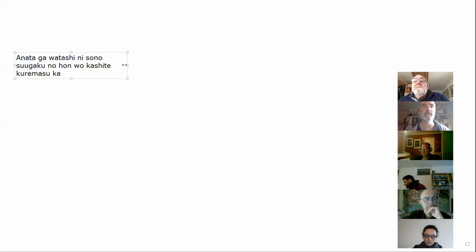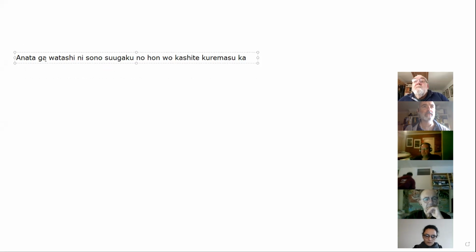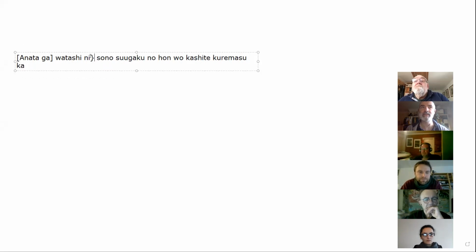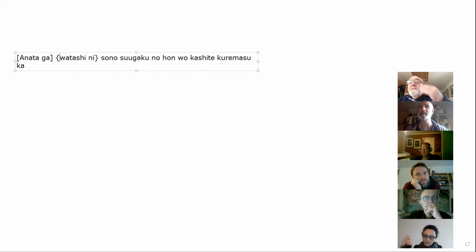And from this sentence, of course, we don't need anata ga, so that wouldn't be there. And even watashi ni is not necessary if it's clear that it's for you. If you wrote sono sugaku no hon o kashite kuremasu ka, then this would be enough. This would be certainly enough.